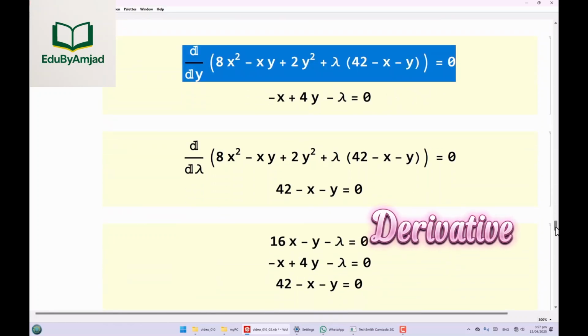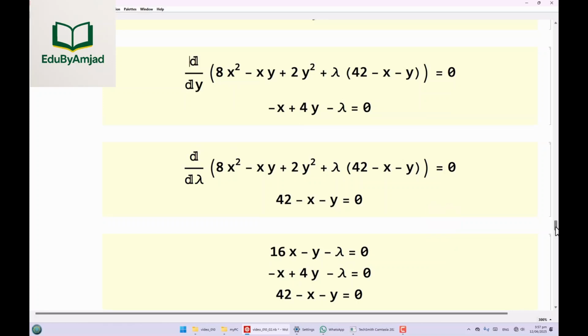Next, take the derivative with respect to y. Minus xy gives minus x. 2y squared gives 4y. And minus lambda y gives minus lambda.